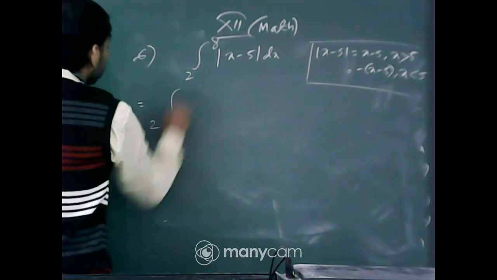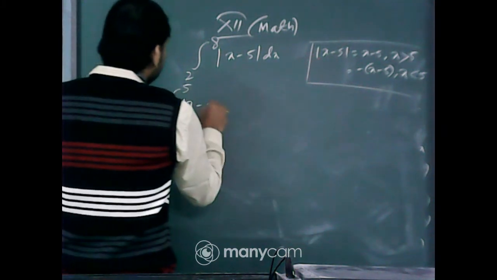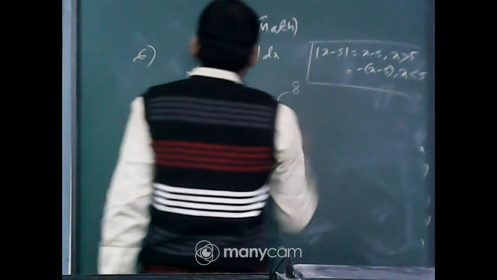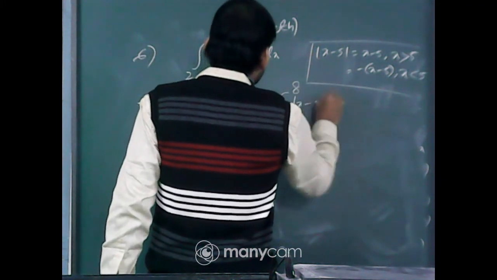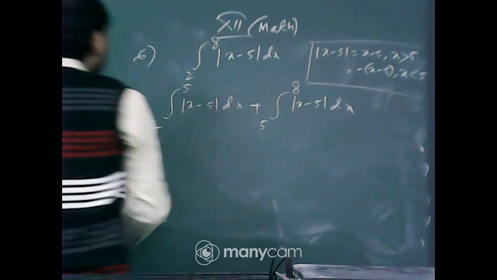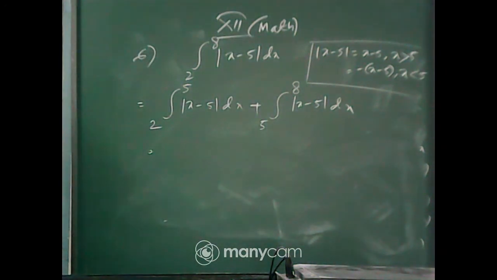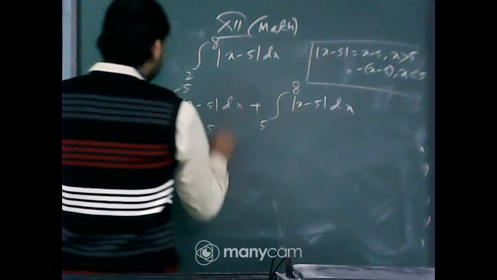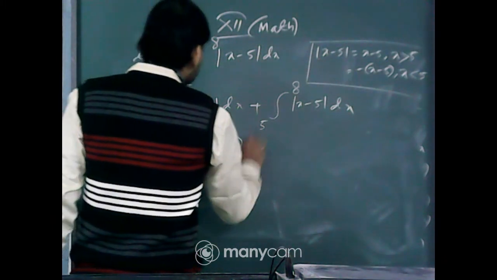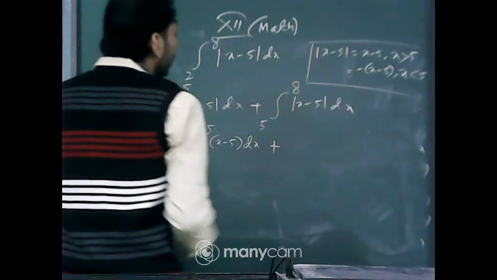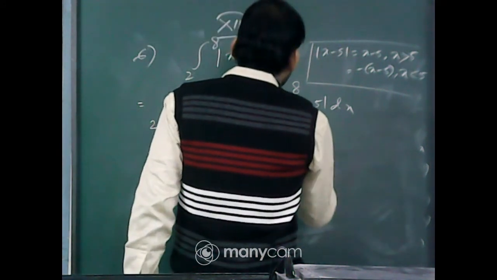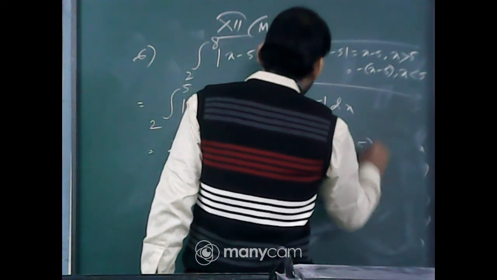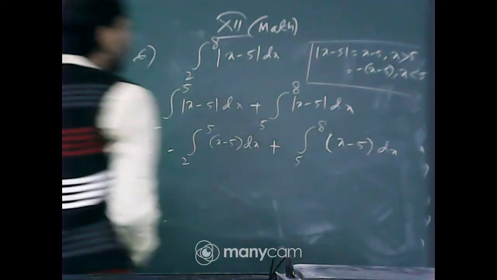It will be integration 2 to 5 mod x minus 5 dx plus integration 5 to 8 mod x minus 5 dx. So whenever it is less than 5, it will be minus integration 2 to 5 x minus 5 dx plus, whenever it is greater than 5, integration 5 to 8 x minus 5 dx. Okay.